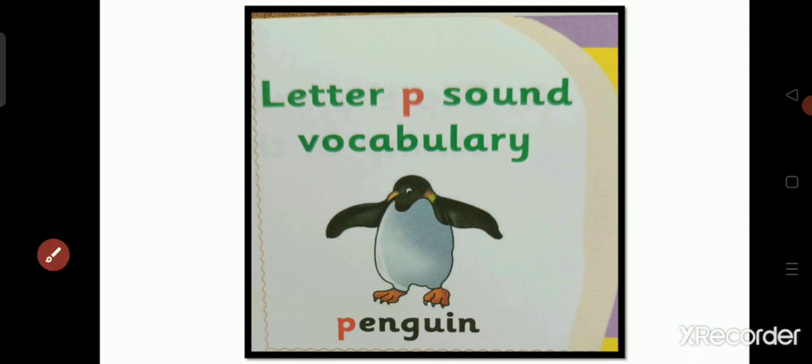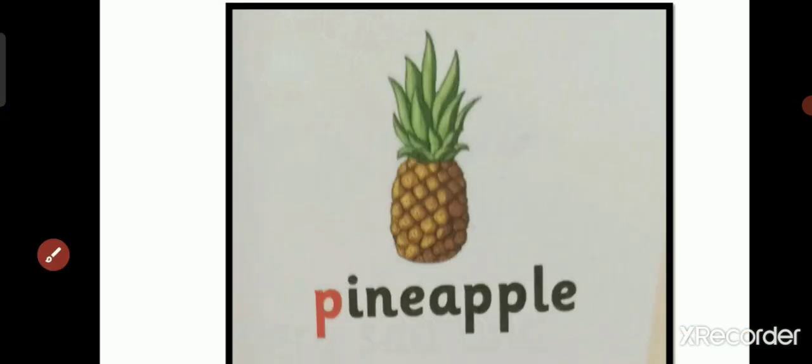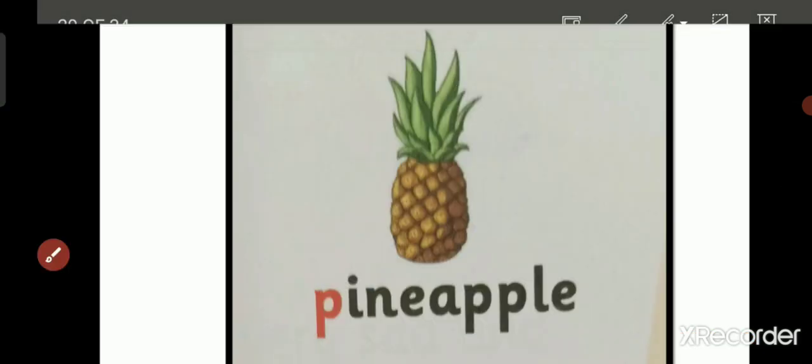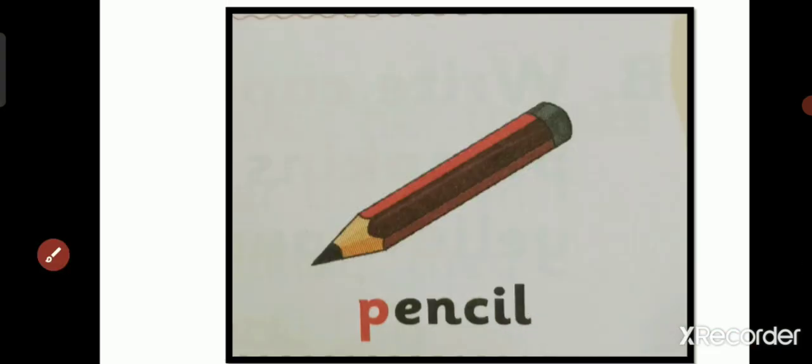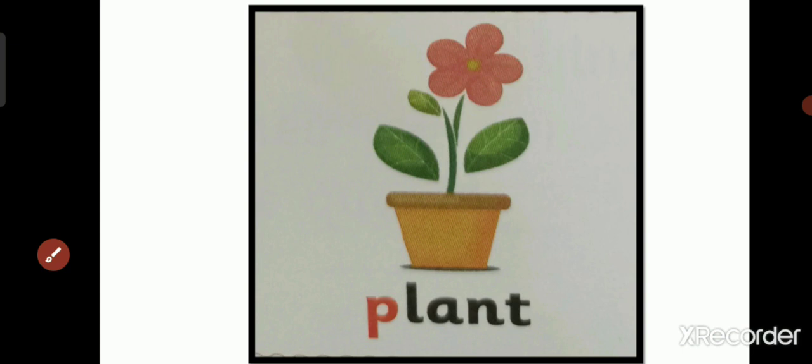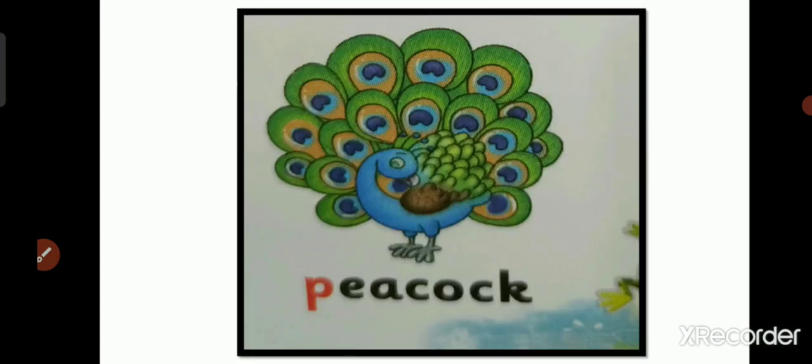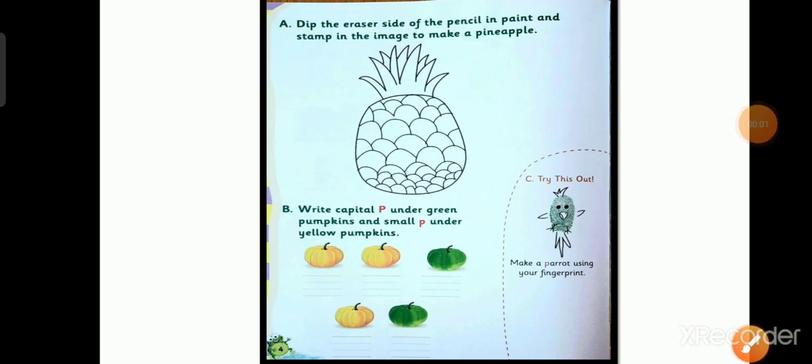Penguin, pumpkin, pineapple, pencil, plant, peacock. Children, let's open page number 4.